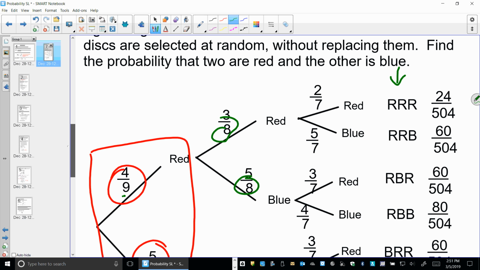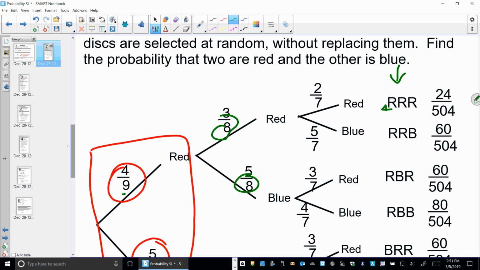So red, red, red would be 4 9ths multiplied by 3 8ths multiplied by 2 7ths. 9 multiplied by 8 multiplied by 7 gives 504. So you'll notice because we know that's our denominator for every single one of them, we keep that as our denominator. So then our numerator would be 4 multiplied by 3 multiplied by 2. Okay, then you would do that.